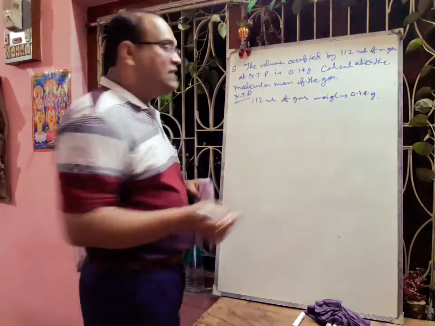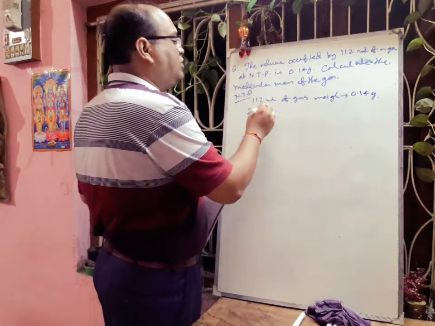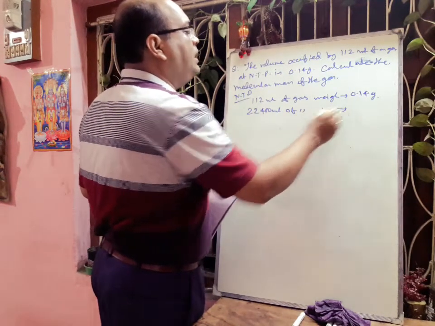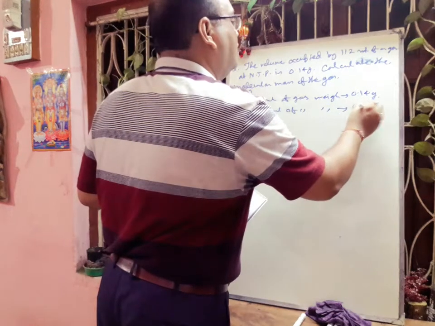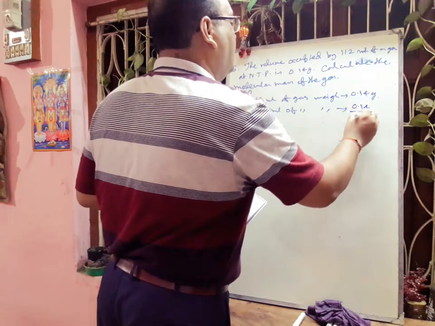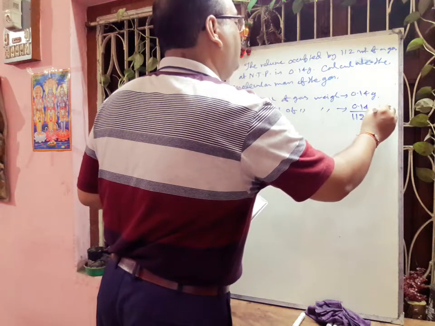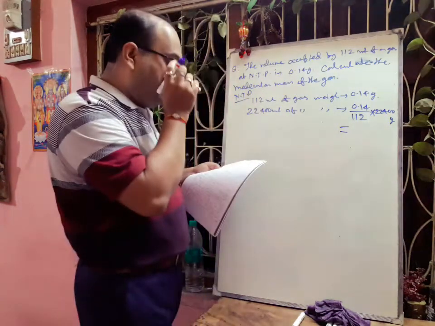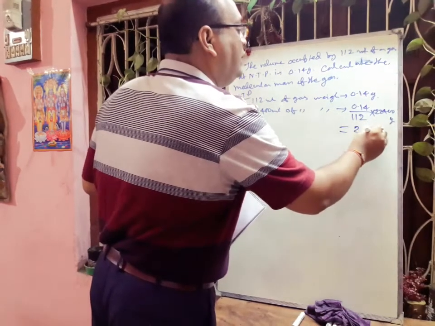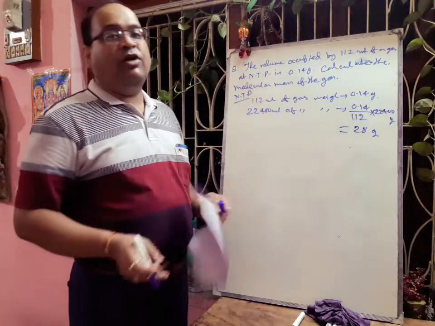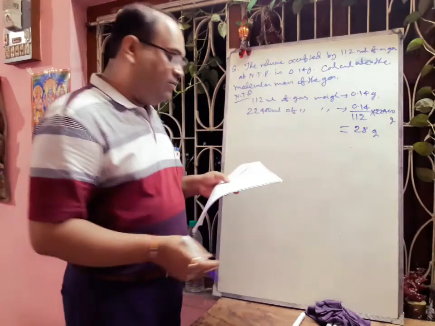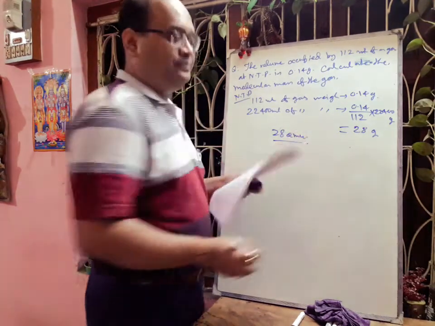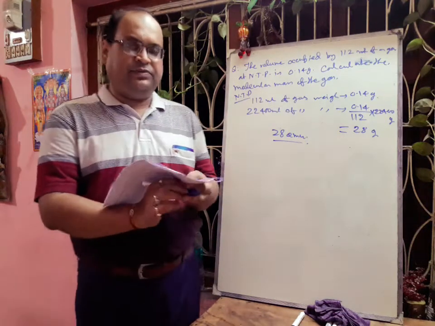Now 22.4 liter, that means 22,400 ml of gas, weight will be 0.14 divided by 112 into 22,400 gram. If we calculate, you will get 28 gram. So what will be the molecular mass of the gas? Here molecular mass will be 28 amu. Okay, that will be your answer.